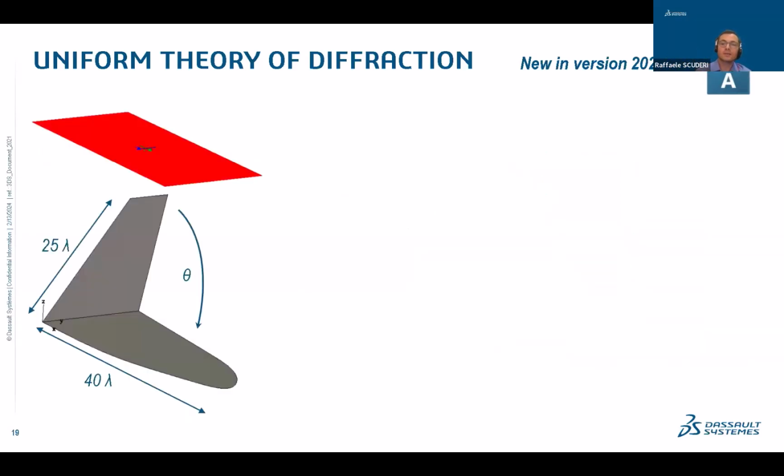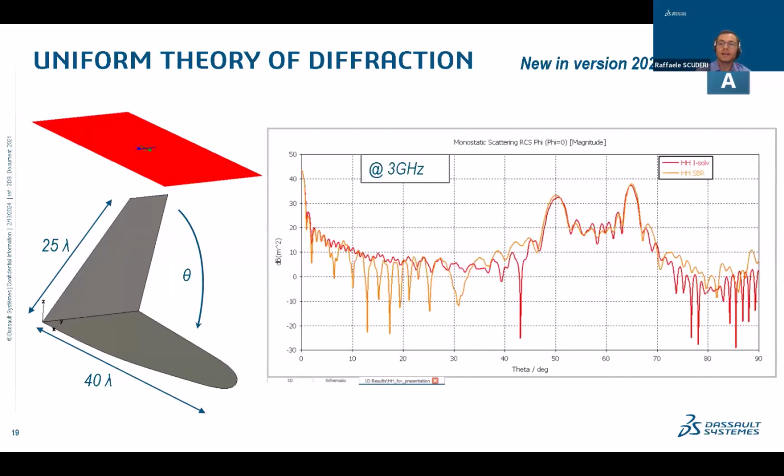Let's have a look at a realistic model here, which simulates basically an aircraft tail. Here, I started by including the diffraction contribution with the PTD, and I'm comparing this contribution with a pure SBR approach.